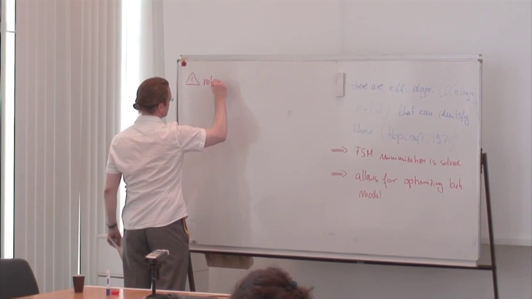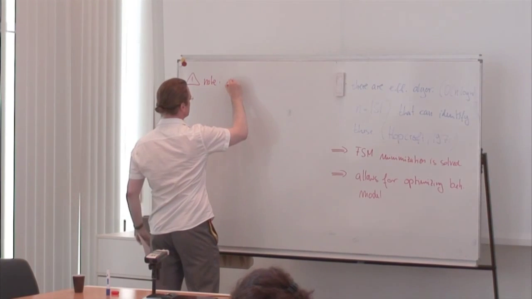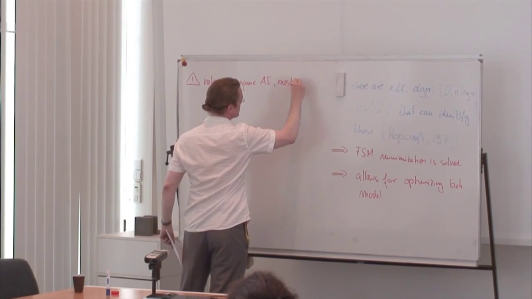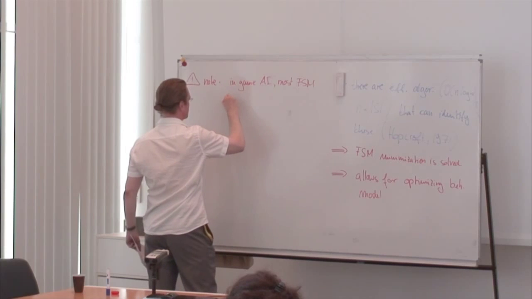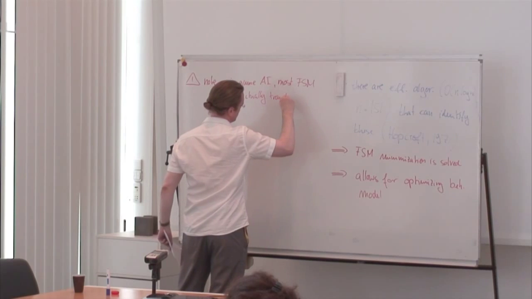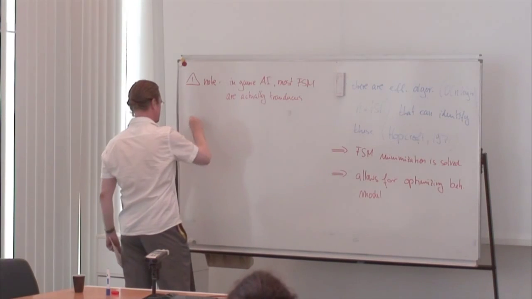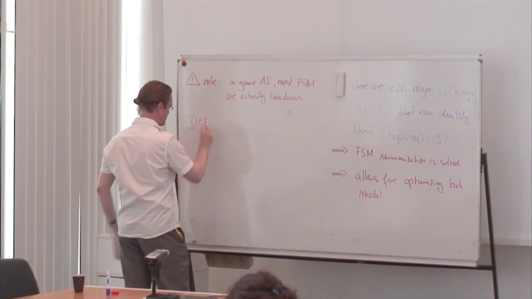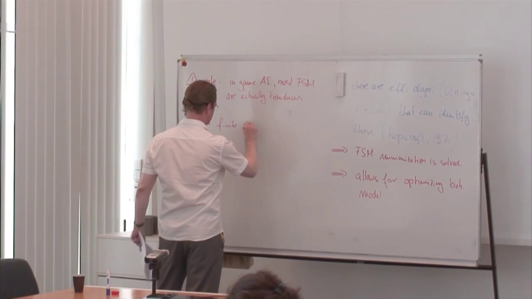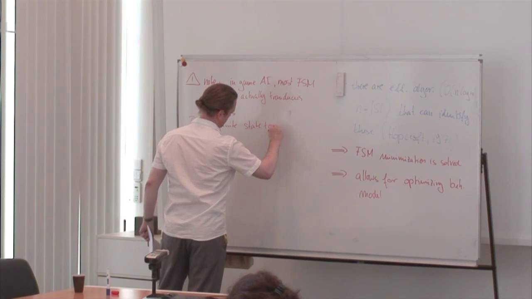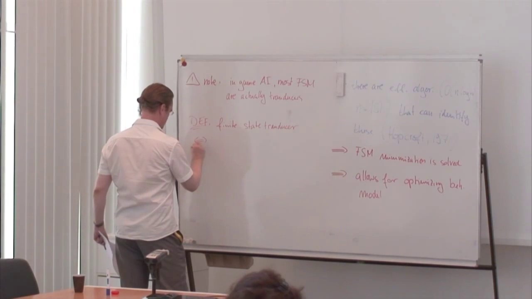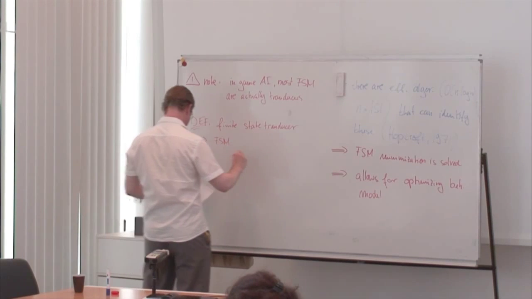So we just note in game AI, most finite state machines are actually transducers. And what is that? We define it. We say that a finite state transducer is a finite state machine with output.